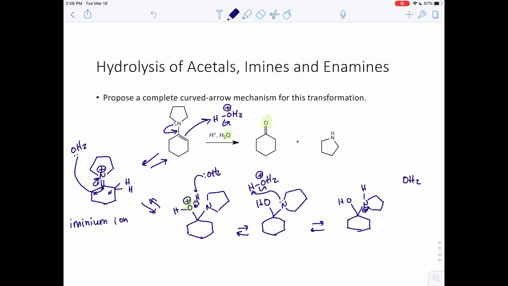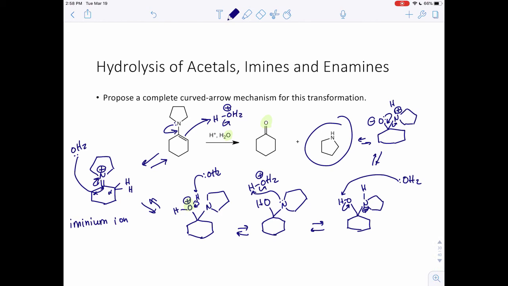First, just because, again, this mechanism is the exact reverse of the formation, we're going to form that same intermediate we had before. And then now we'll have our lone pair push, reform your strong carbonyl C=O double bond, and expel your good leaving group, your amine. And that's it. We've hydrolyzed our enamine.